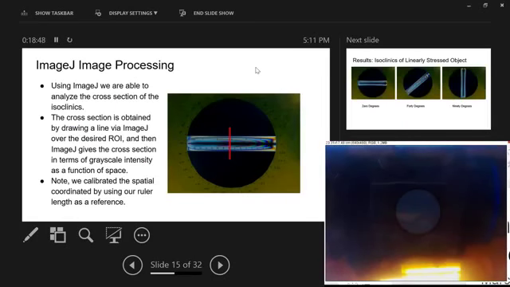So we used a program called ImageJ to do this. Essentially, we put a ruler into our field of view here, underneath our camera, and had this kind of makeshift angle measurement system that you can't quite see around the edge, but we have angle demarcations around here.